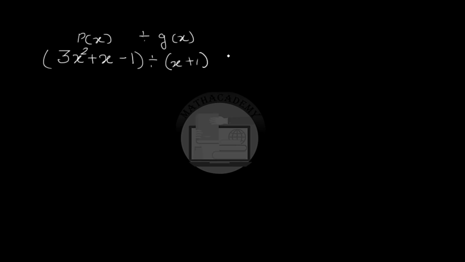We see that 3x square plus x minus 1, which is our p of x, when it is divided by g of x, which is x plus 1, we get 3x minus 2 as the quotient and 1 as the remainder.